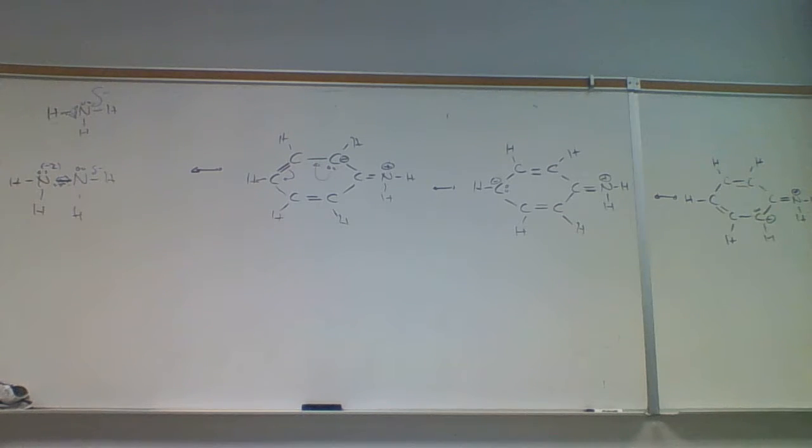But wait a minute, didn't I say something like electronegativity isn't that big of a factor? Am I not just contradicting myself? Am I just making these arguments up as I go along to fit the data? This is called ad hoc analysis.